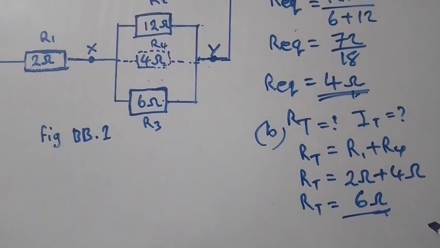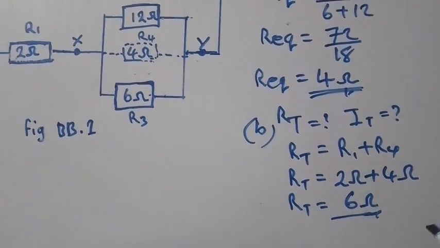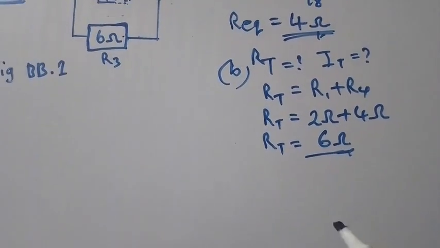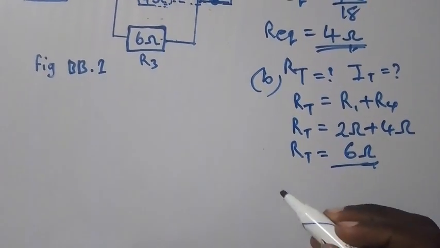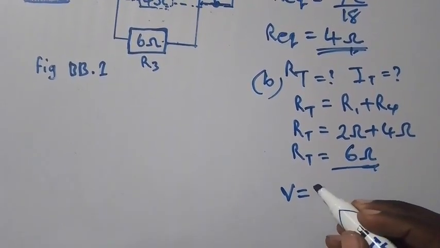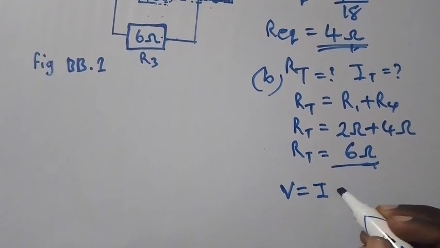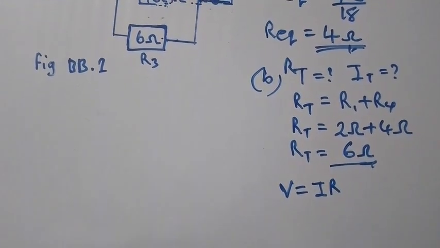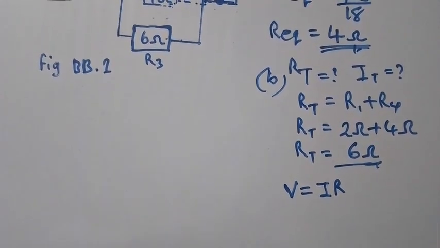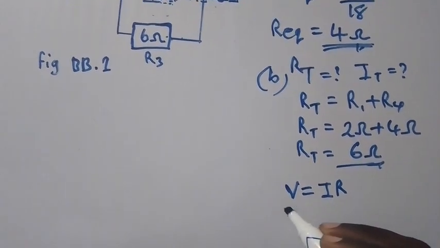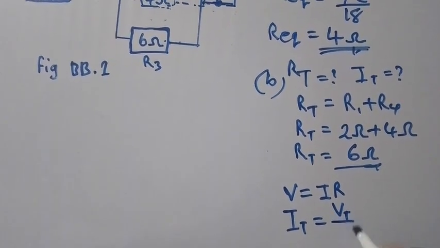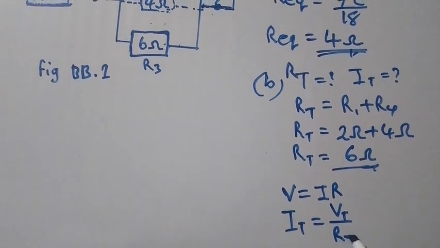So now we can calculate current by applying Ohm's law. Ohm's law states that voltage is directly proportional to the product of current and the resistance. So we are looking for current total. So I will say current total equal to voltage total over R total.